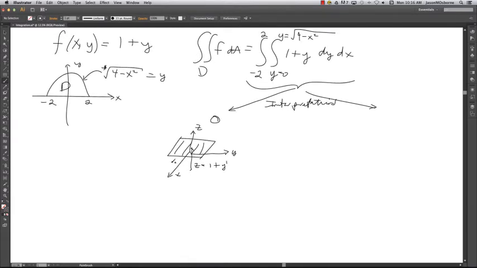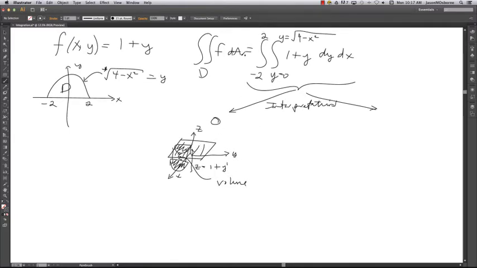And we have some sort of region D here, this semicircular region, and so we're looking at that up on the surface. Again, this is just a sketch, please don't hold me to this. But there's your volume of the region. This double integral will be, quote, like the net volume above this region but below that function. And that is the interpretation that we've been looking at for a little while now.